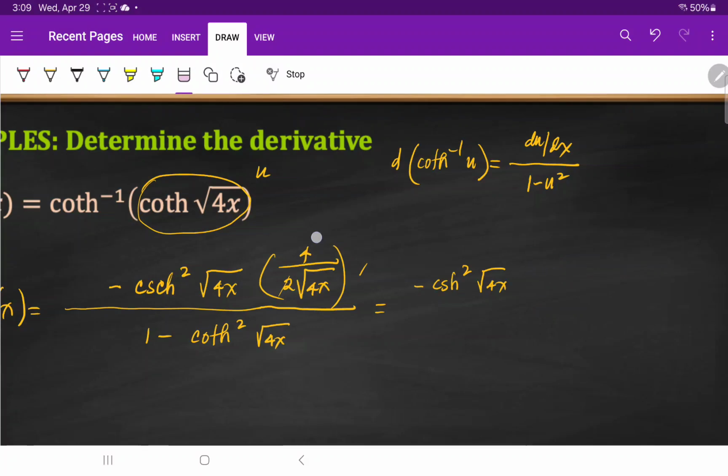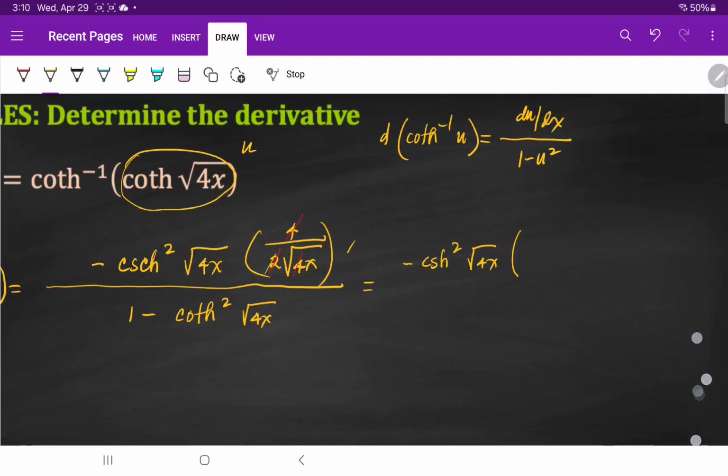Sorry. Because here we have, the denominator here is, you have here 4, right? So the square root of 4 is 2 times 2. It cancels with 4. So what's left in the numerator is just simply negative hyperbolic cosecant square of the square root of 4x times what?